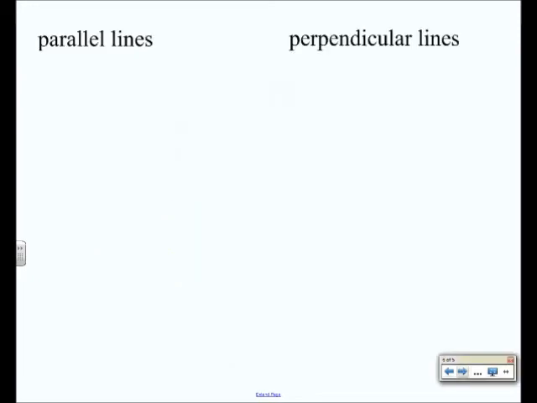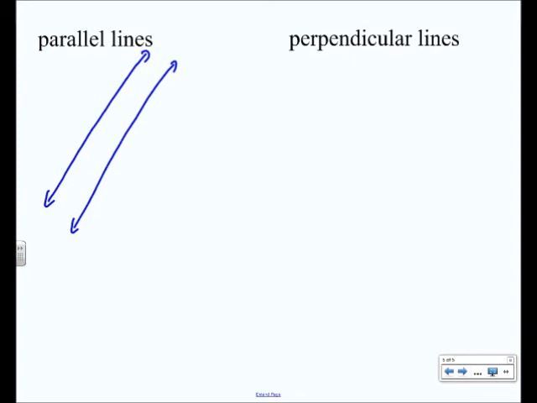We learned a little bit about parallel and perpendicular lines the other day. Parallel lines, if we remember right, are lines that look something like that. They're never going to touch. They're going to go on and on forever in both directions, and they're never going to touch. Now, how can this possibly be the case?